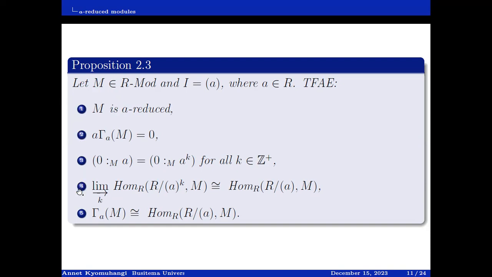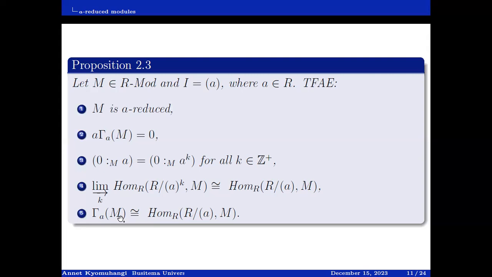We find that a module M is a-reduced if and only if a gamma_a(M) is equal to 0, and the elements of the module that are annihilated by a are equal to the elements of the module that are annihilated by powers of a. And then the lim Hom is isomorphic to Hom. And finally, because this property is true, this brings us to gamma_a(M) being isomorphic to Hom of R factor a, because we mentioned before that gamma_a(M) is equivalent to the lim Hom. So this gives us an equivalence.